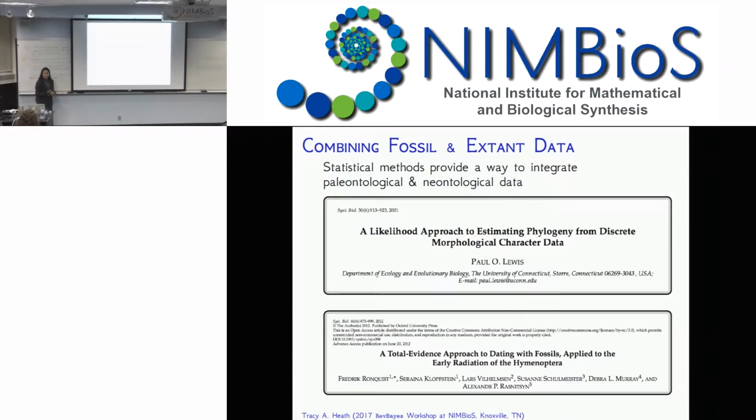And that's because there wasn't a framework that you could easily plug your 6-state discrete character into and use in, say, something like PAUP and estimate with maximum likelihood. And so what Paul did was essentially describe a model where you can take your discrete characters that have any number of states and estimate a tree from those characters using basically a Jukes-Cantor model.